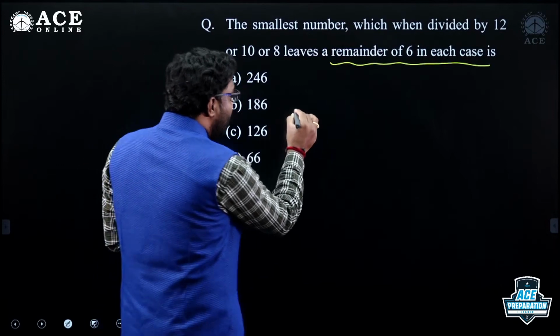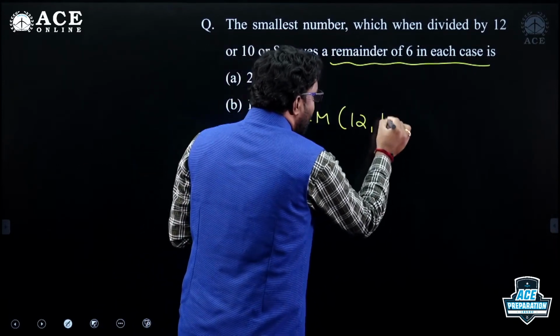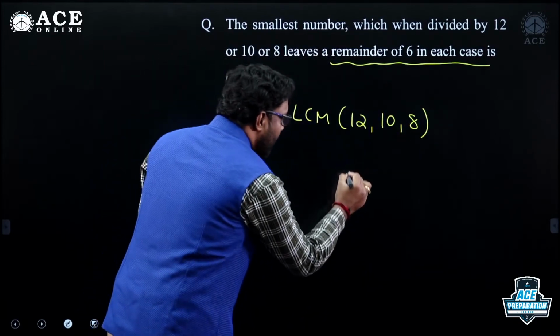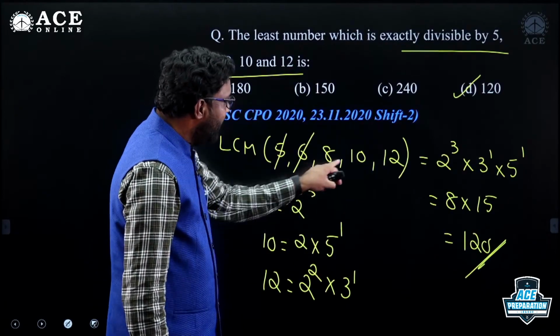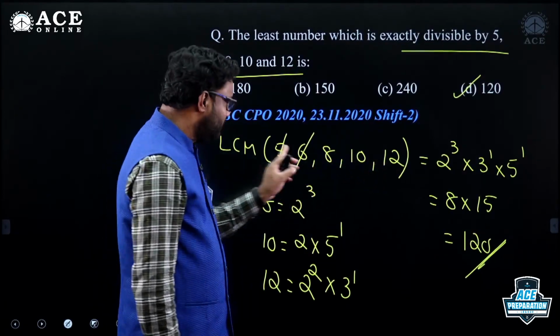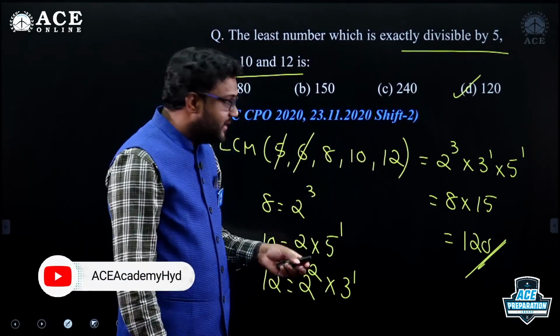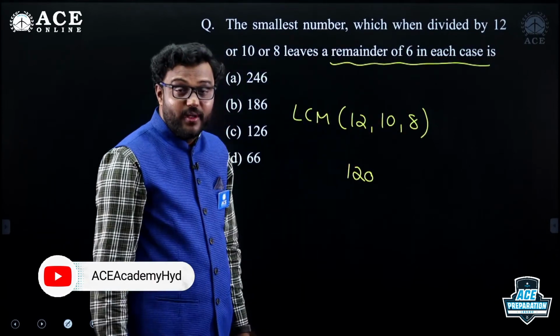Now, my dear friends, the number which is divisible by 12, 10 and 8 is nothing but the LCM. Here the same numbers, 8, 10 and 12, 5 and 6 ignored already. We did LCM and got 120.